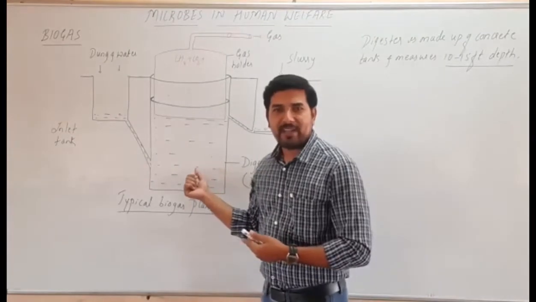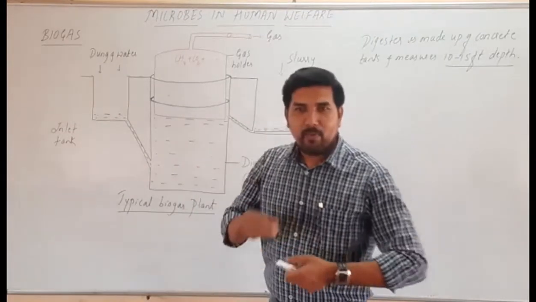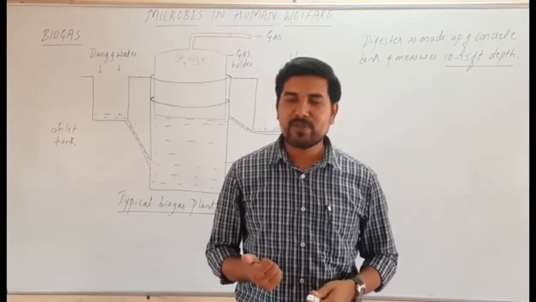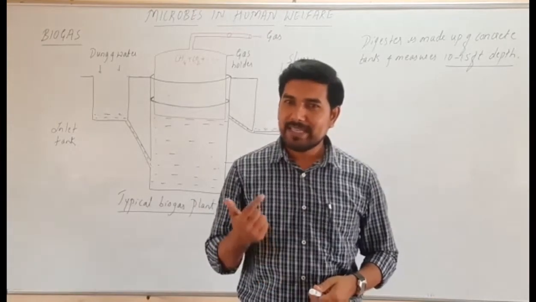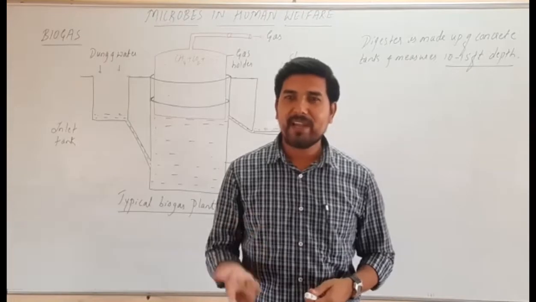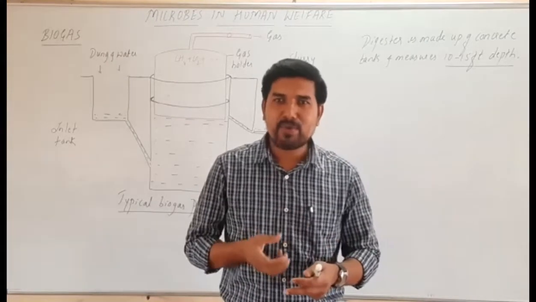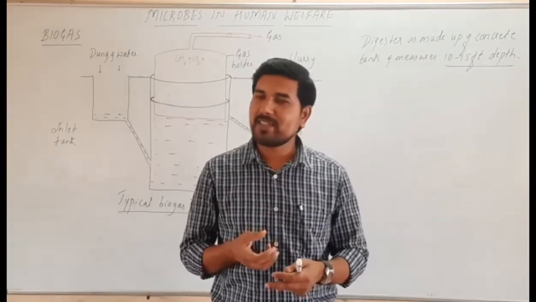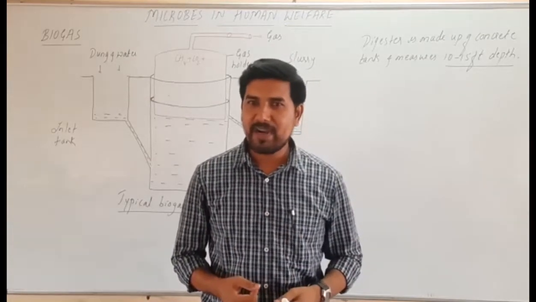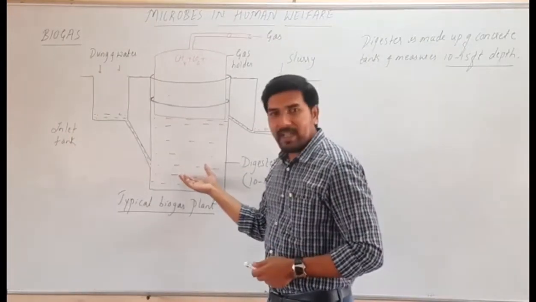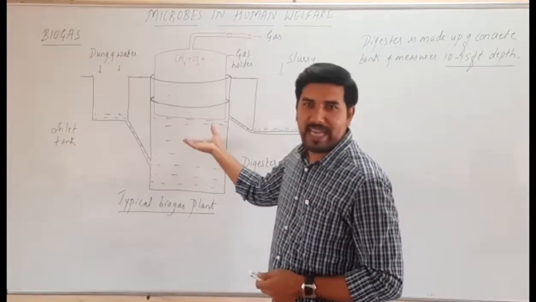This Methanobacter undergoes various processes: first solubilization, which is also called hydrolysis, second acidification, and third methanogenesis. What are these three processes? Let's see that part. By all three processes, methane gas is produced in the digester.